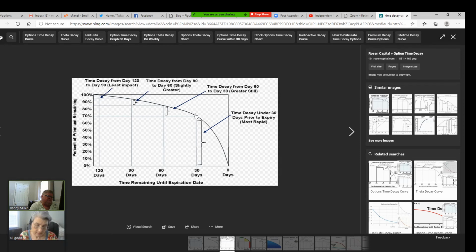When you're selling it, you want to go as little far out as possible, like 30 days or less. Generally, yes, absolutely. There are other long-term options called LEAPS that you might want to play for longer periods, but that's a little bit more of an advanced topic.